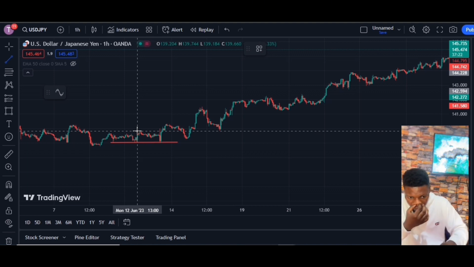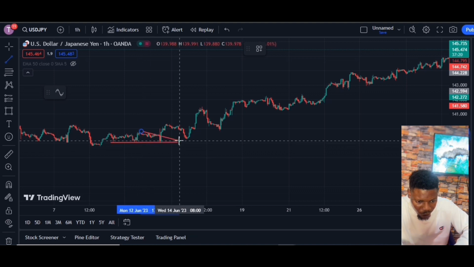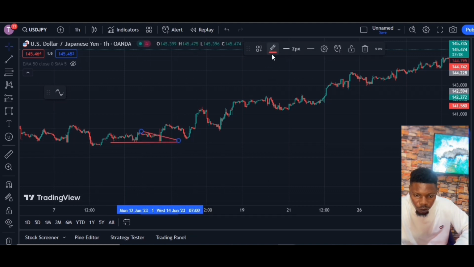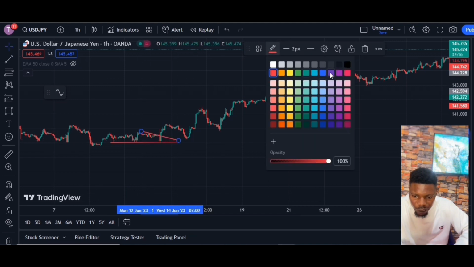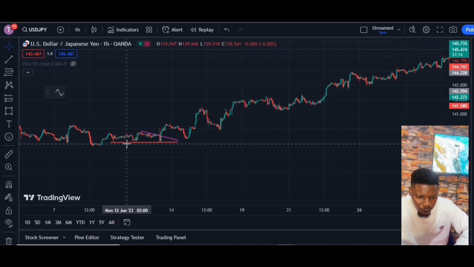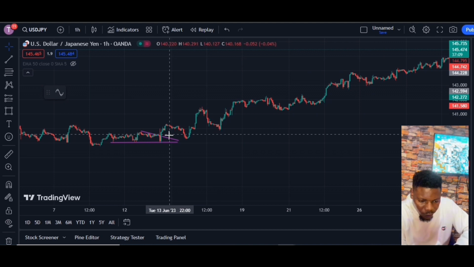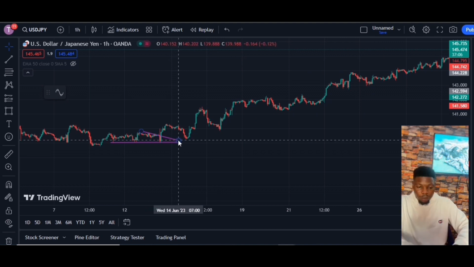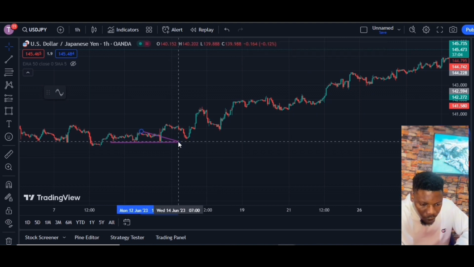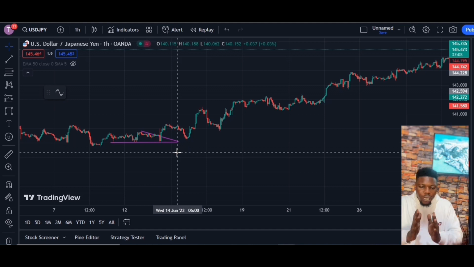Understand? So this will be, let me make this color purple, since we have red here. Yeah, so like this, we are going to connect.